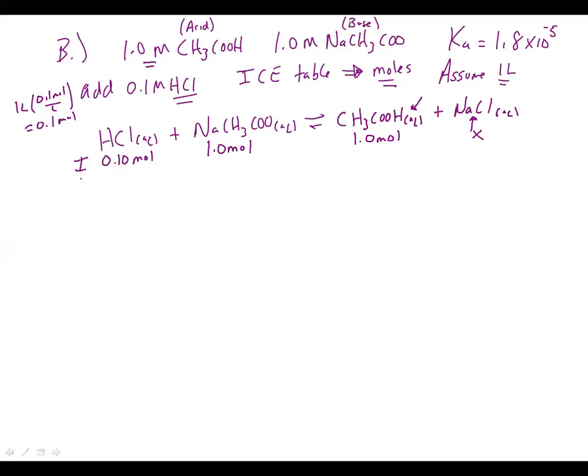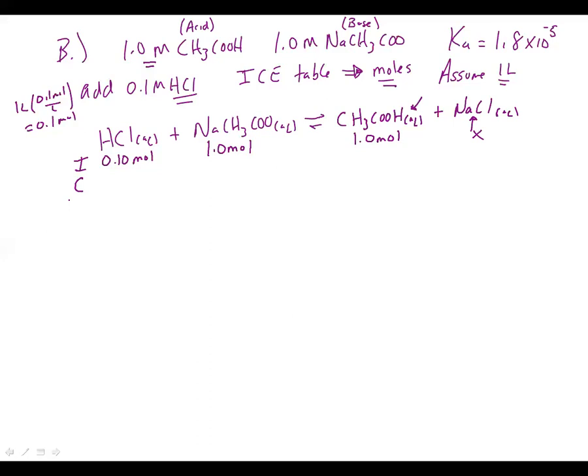Now to the change part. It is also a little bit different than we normally do. Normally here we use X to figure out what the change is going to be. But in this particular case, we know that this is a buffer.